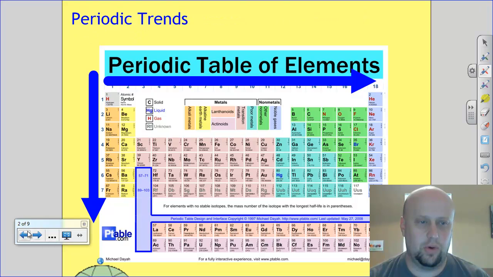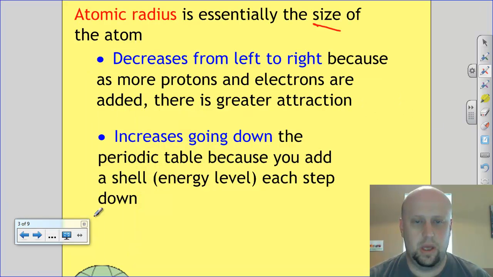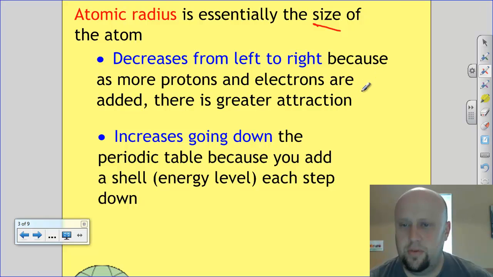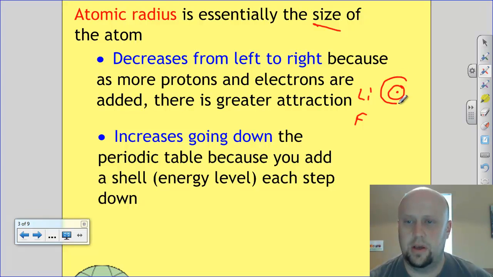Let me just take a real quick example here. So let's take lithium and fluorine. Okay? So we'll come back here so you can do the definition. If we've got lithium and fluorine, though, their highest energy level for both of them is 2. So in both cases, you've got something sort of like this.